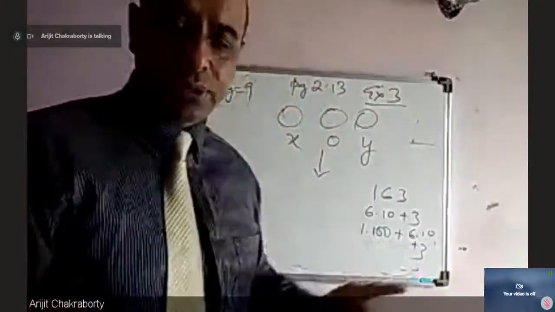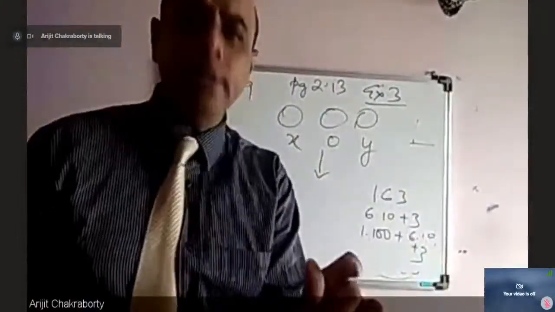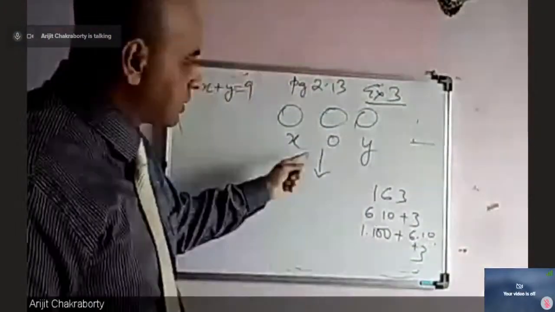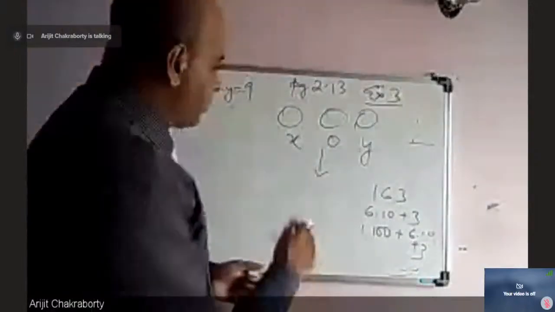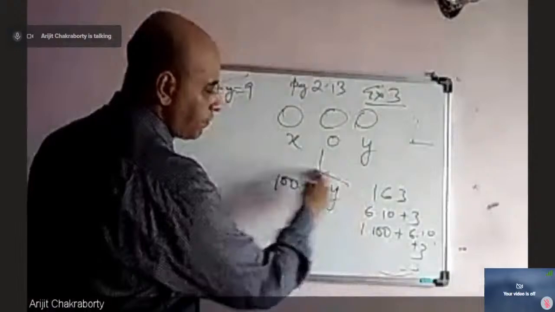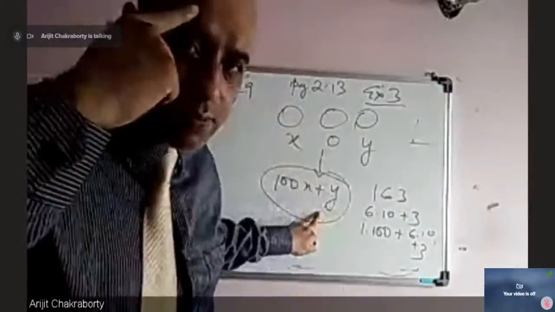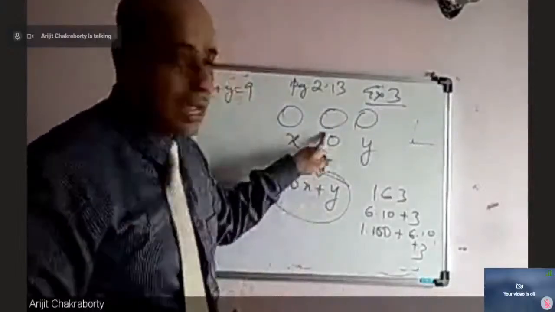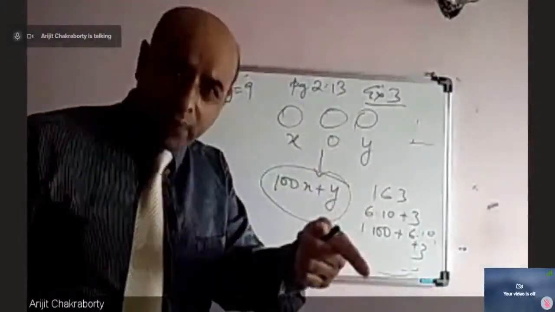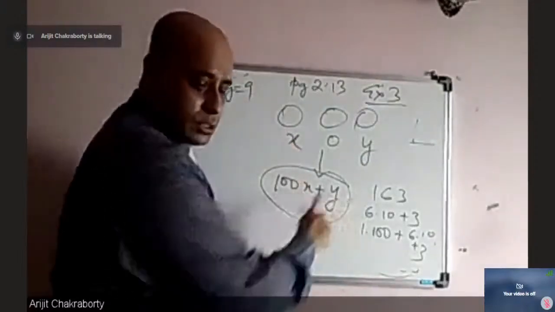That is how we write units place, tens place and hundreds place. So in this case, the number will become 100x plus y. This is the critical part to apply your mind. Why? Because the tens place is 0, so you directly go to x into 100 plus y. So this is the number.